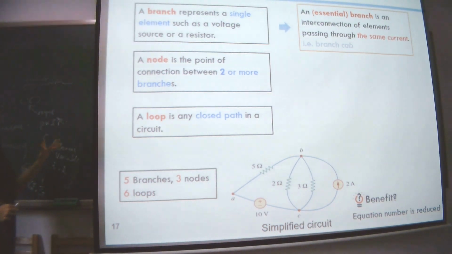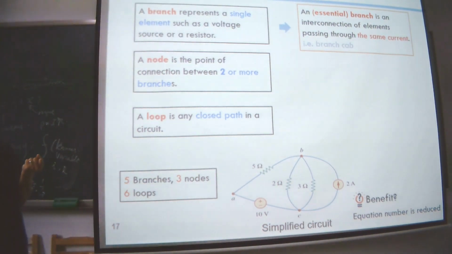So, the number of branches is... how to say... not small.